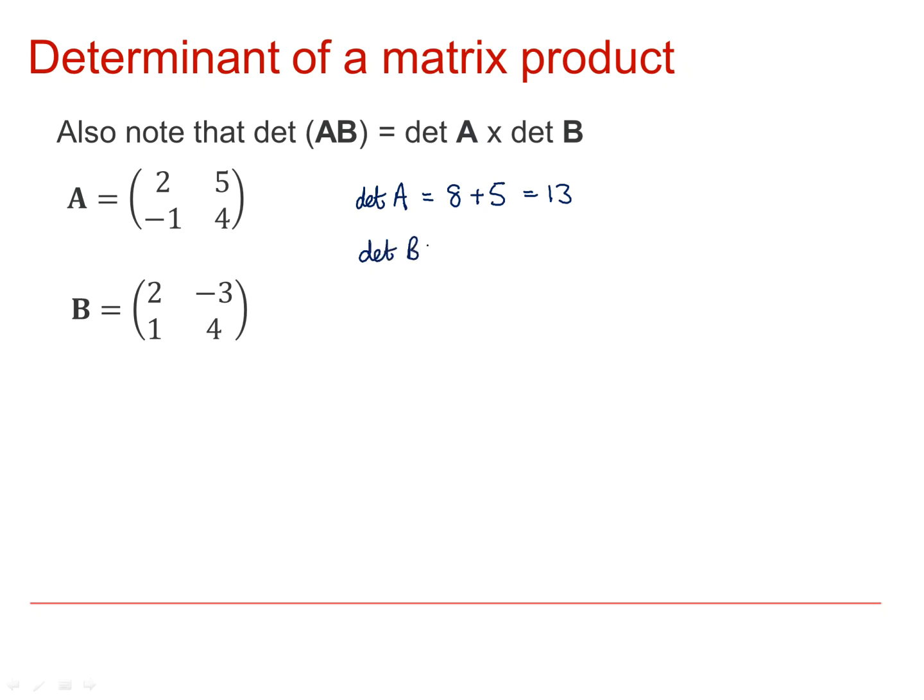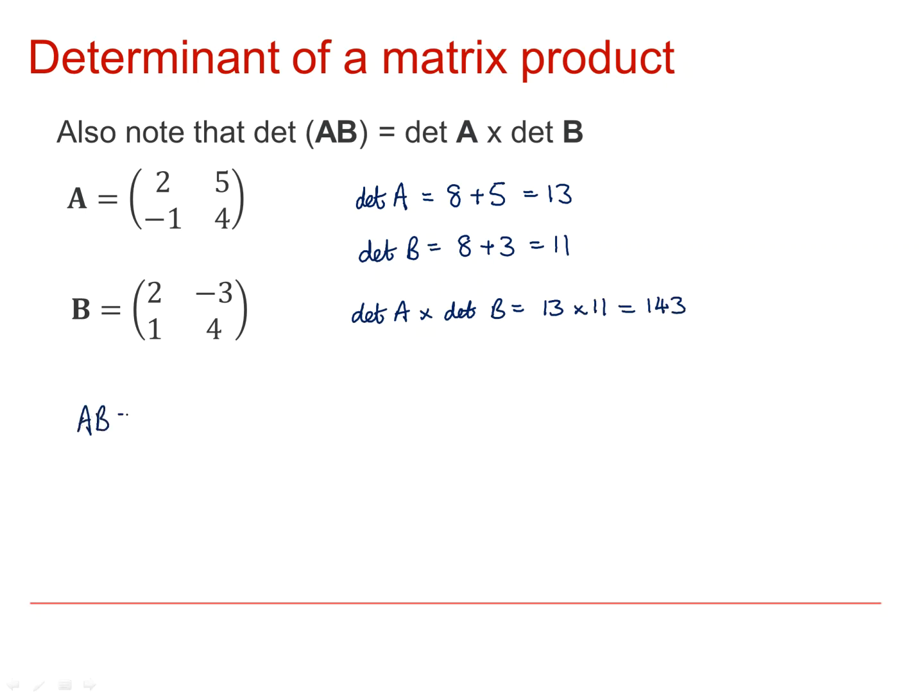The determinant of B is 8, take away minus 3, which is 11. So the determinant of A multiplied by the determinant of B is 13 times 11, which is 143.